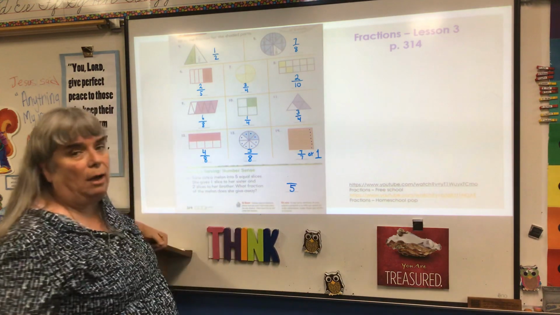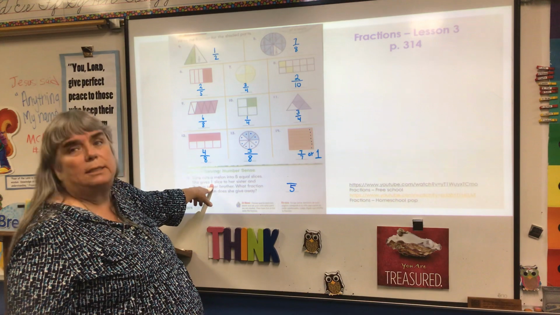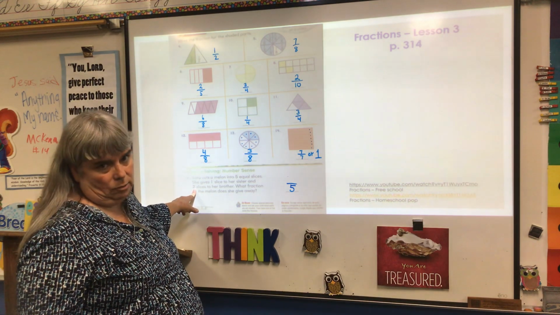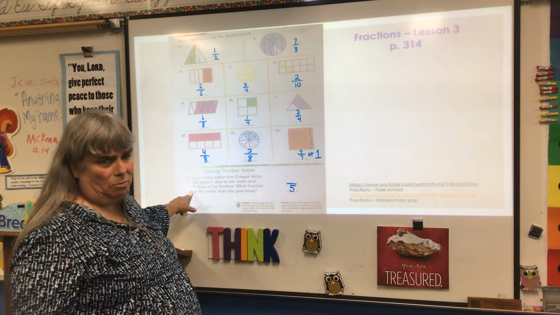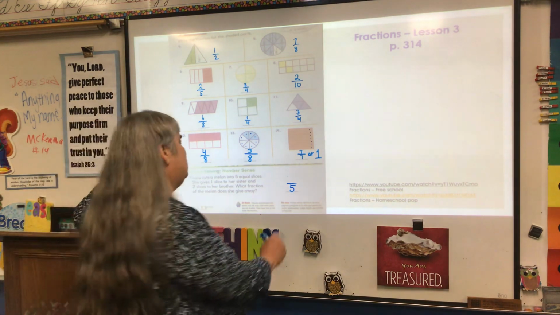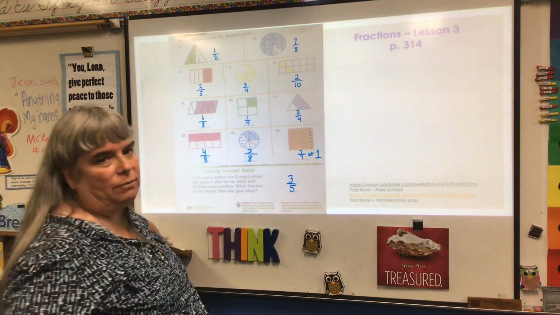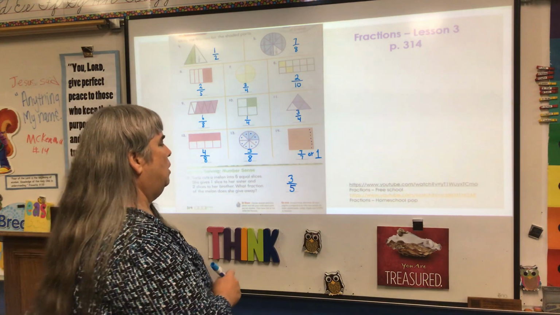And then what I have to think about is what did she give away? Well, she gave 1 slice to her sister and 2 slices to her brother. Her brother must have been really hungry. So 1 plus 2, that's not a hard addition problem. That's 3. So it looks like she gave away 3/5, or 3 out of the 5 slices altogether.